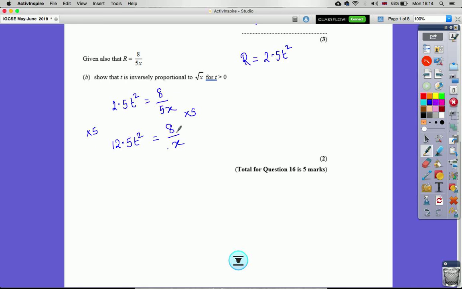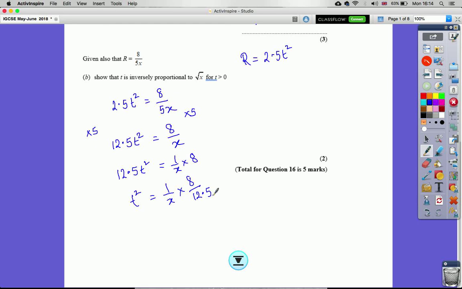Now I'm going to write the 8 over x like this. I'm going to write it as 1 over x times 8, and I've got 12.5 T squared on this side. Now I'm going to divide both sides by 12.5, so I will get T squared is equal to 1 over x times 8 over 12.5.